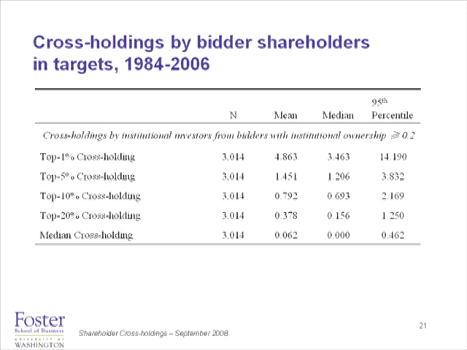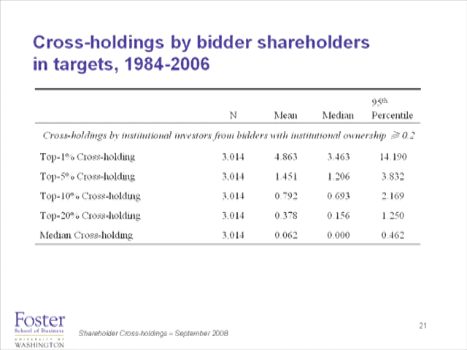However, 5% or more of the bidders have a median cross-holding as high as 46%, and in the average bidder, 10% of its shares put a cross-holding of 80% on 20% of its shareholders. So there are indications here that cross-holdings are economically important in parts of the sample.